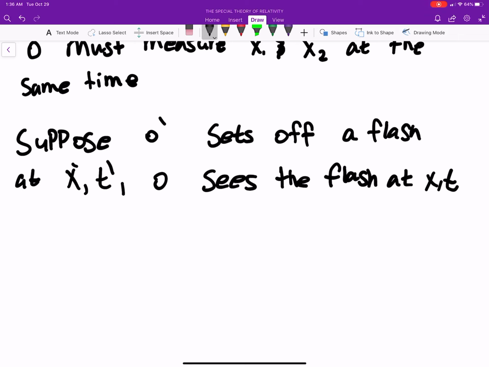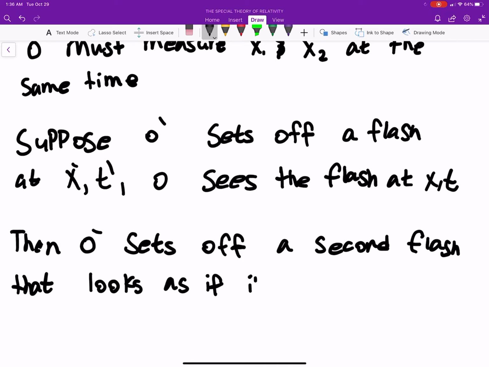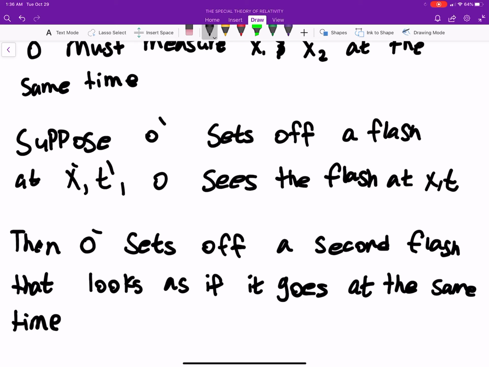So let's say then O prime sets off a second flash that looks as if it goes off at the same time as the first flash.